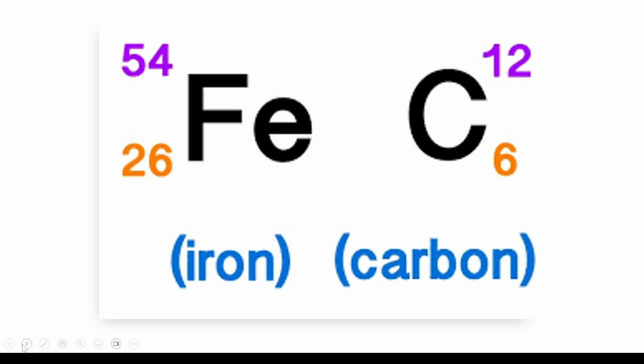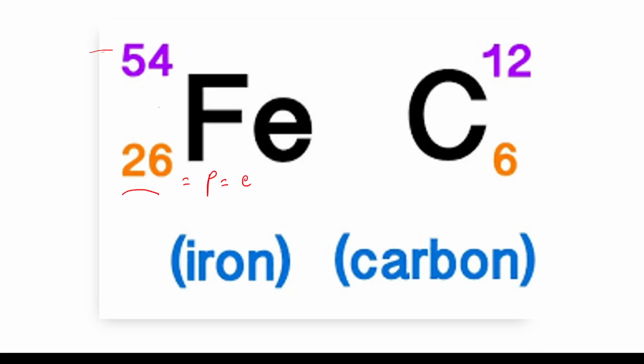So let's see another example of how you would find the number of protons and electrons. The smaller number, as I just told you, 26, is the number of protons and is also equal to the number of electrons.